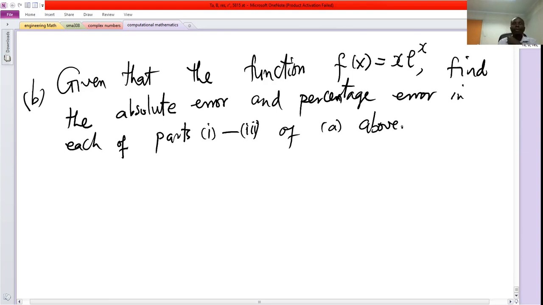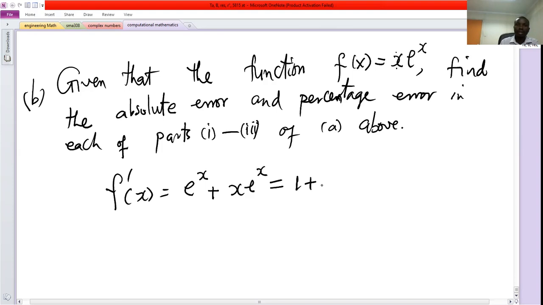So what we do, because we are calculating the second derivative, let's get the second derivative of this function. First, f prime of x, use product rule. So this to be u, this to be v. u prime is 1 times v is e raised power x, plus v prime is e raised power x times u is x e raised power x, which can be written as 1 plus x e raised power x.